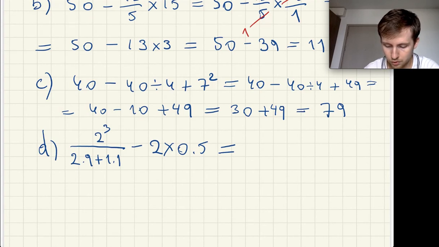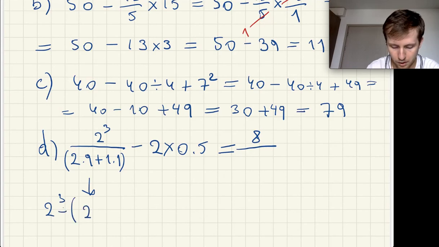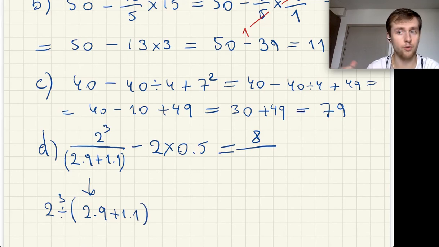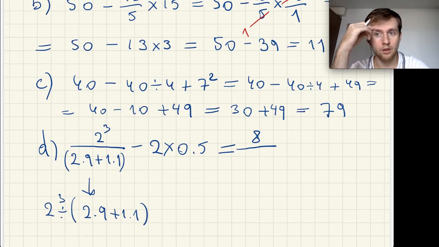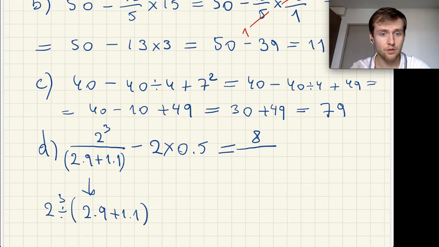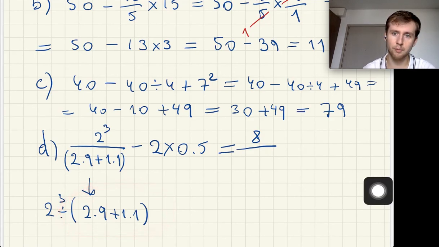So 2 to the power of 3 is 8 divided by, so this is brackets, because we can write this as 2 to the power of 3 divided by 2.9 plus 1.1. So actually, even though there's no brackets, if there are some things in the fraction, especially in the denominator, and you have to do some action to them, you have to think that actually they kind of work like brackets, even though we don't write brackets there.